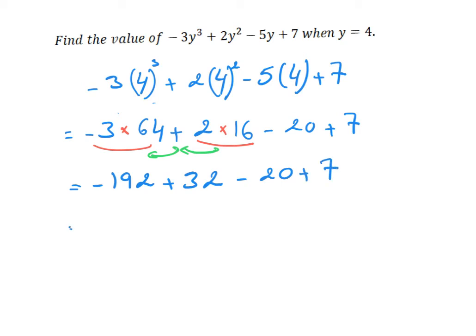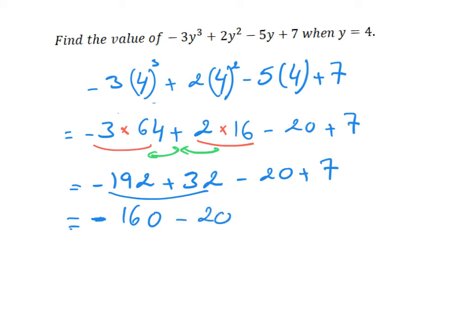Let's go slowly here. Let's add the first two first: negative 192 plus 32. We take the difference and the sign goes to the highest number, so it's negative. The difference between 192 and 32 is 160.